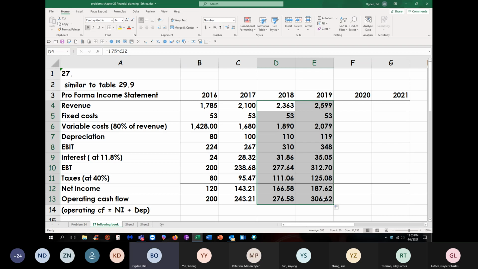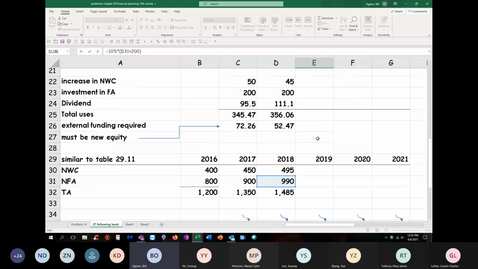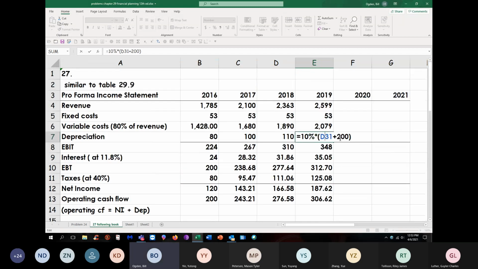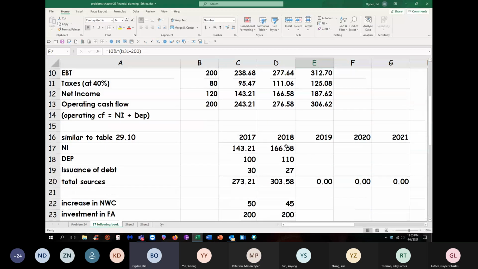And let's see how we did here. So it's 10% of beginning net fixed, yes, plus the 200. We're doing great. Okay, so continuing our process, these two are copyable.